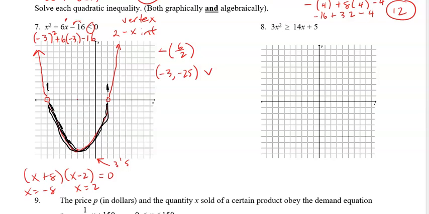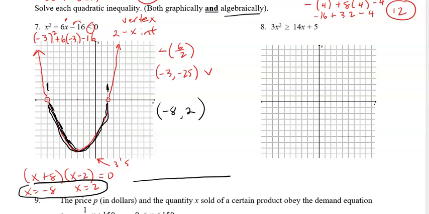So my answer in interval notation would just be this. So I'll just talk you through the algebraic method. The only difference really with algebraic is you would go ahead and find these x-intercepts, and then you would put them on a number line.